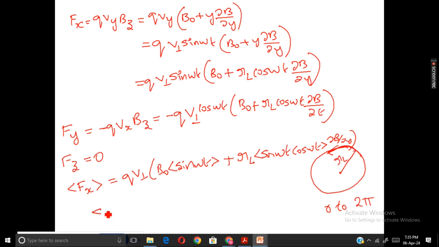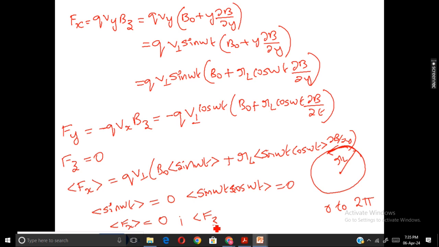So the average of sine omega t is basically 0 and average of sine omega t cos omega t is also 0. So average of Fx, and we are considering the particle motion from 0 to 2 pi, will come to be 0. And we already know that the average of Fz is also 0.